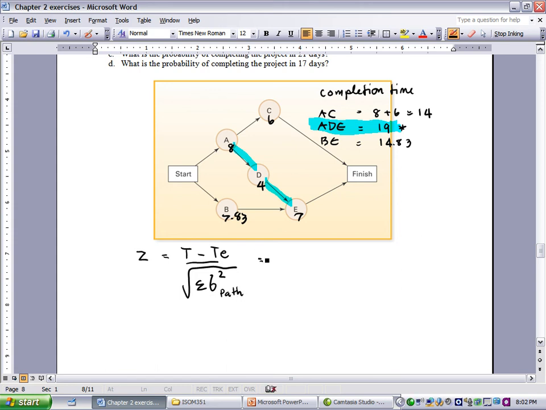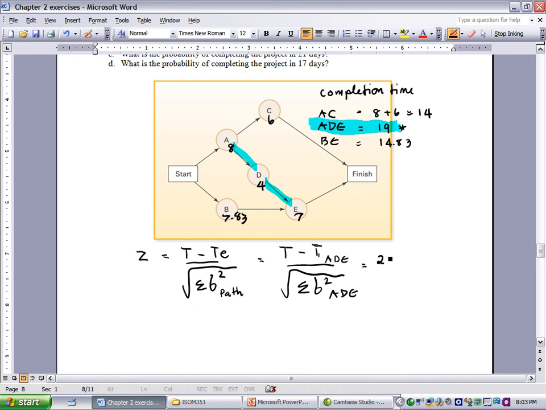In this case we are interested in finding T minus T of ADE divided by the square root of the sum of sigma squared of ADE. So we want to find out the probability of ADE completing within 21 days.